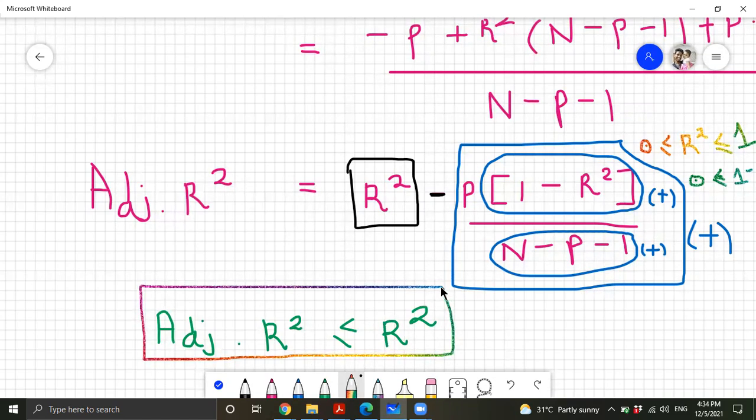Voila, we have proven that. You may wonder, okay, less than is fine because we are subtracting a positive term, so why is the equal sign also coming?